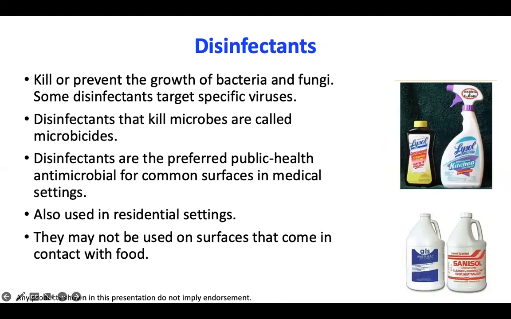Now we're going to talk about disinfectants. Disinfectants can be used to kill or prevent the growth of bacteria and fungi, and some disinfectants target specific viruses, and they are called microbicides. Disinfectants are the preferred public health antimicrobial for common surfaces in medical settings. They cannot be used on surfaces that come in contact with food.